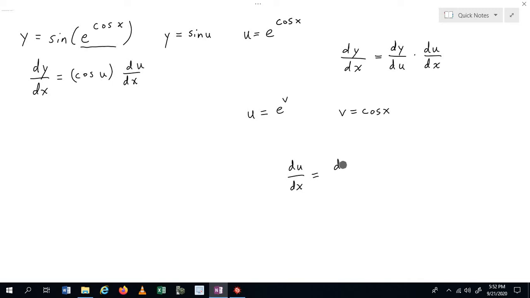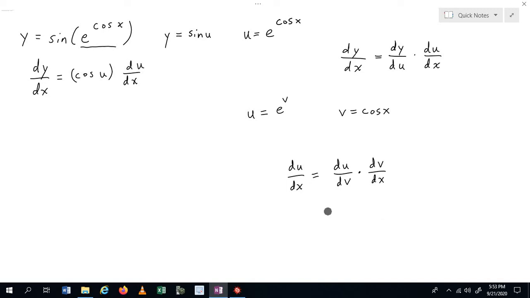So you have to find the derivative of u with respect to v, since u is written in terms of v, and then multiply that by the derivative of v with respect to x, since v is written in terms of x. One way of checking this is the dv's, one on top and one on the bottom. You can think of those as sort of canceling out, and that leaves you with du over dx. Just like the du's cancel here, leaving you with dy over dx.